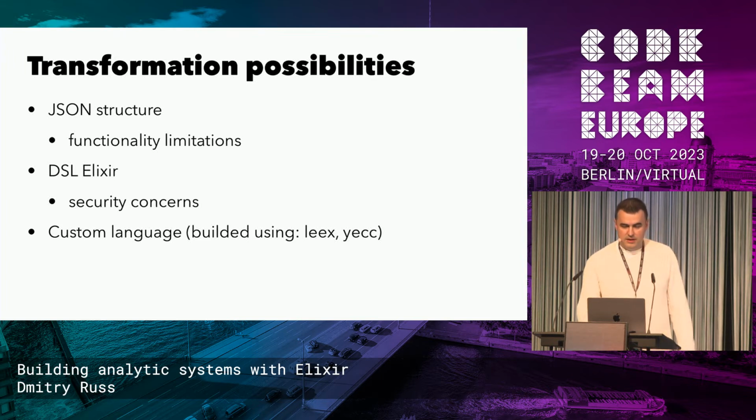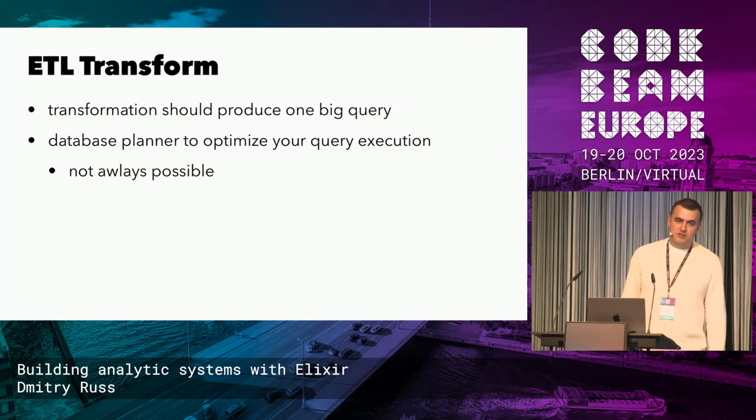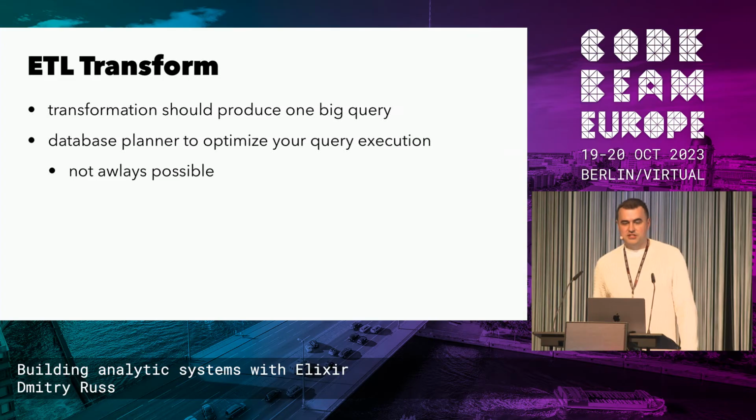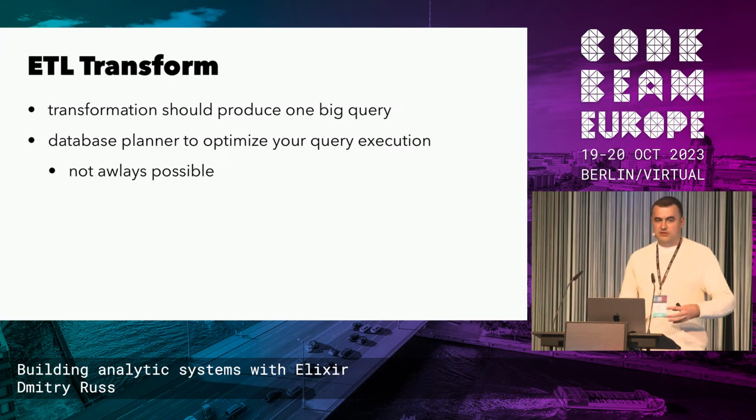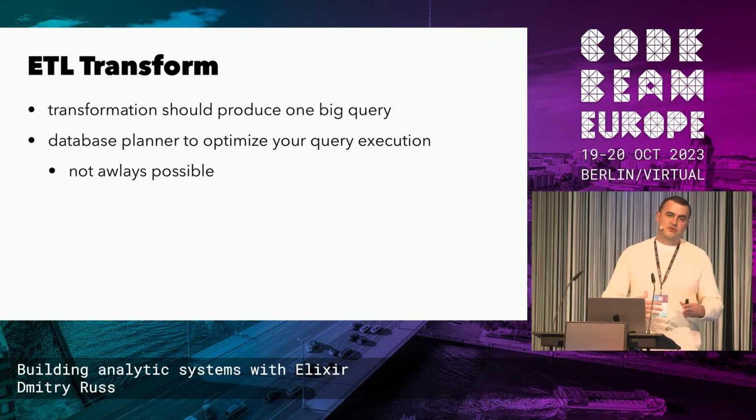So for transformation, one of the goals is to produce one query and give this query to your database to optimize execution. Because the more actions you can give to the database to optimize, the fewer actions you need to optimize by yourself.